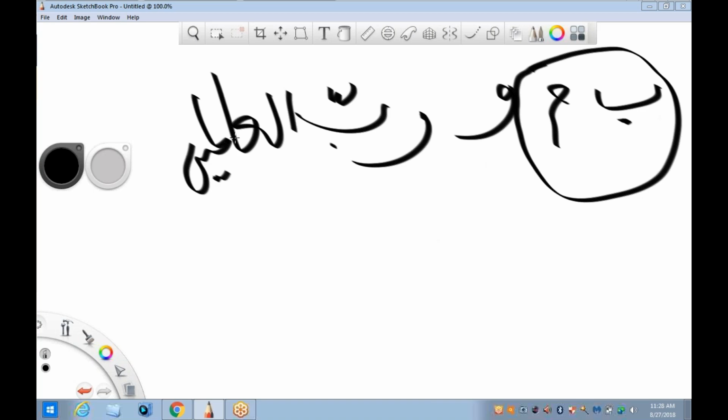So the letters that are like this, we know that they have to be pronounced in a strong manner. You can't say Rambil alameen. Alhamdulillah, Rabbil.